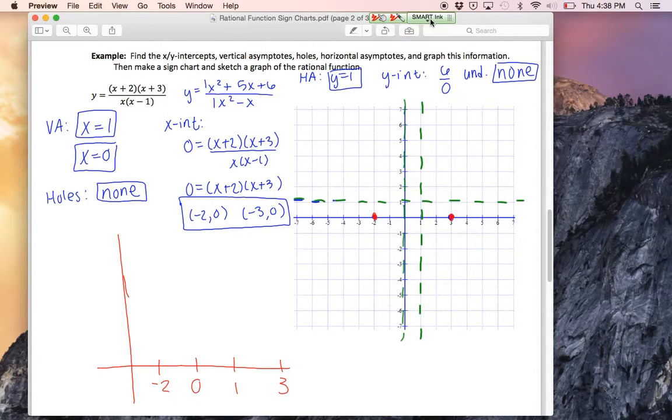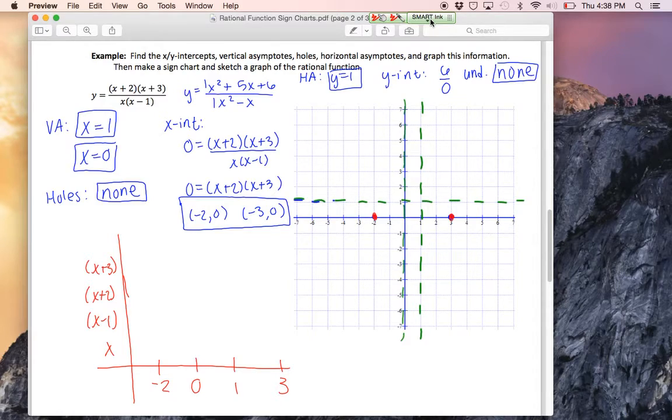Now I want to know, is the graph above or below the x-axis on those intervals? So from -2 to negative infinity, I need to pick an x value and plug it in. So I'm going to write my factors on the side and plug in a value.